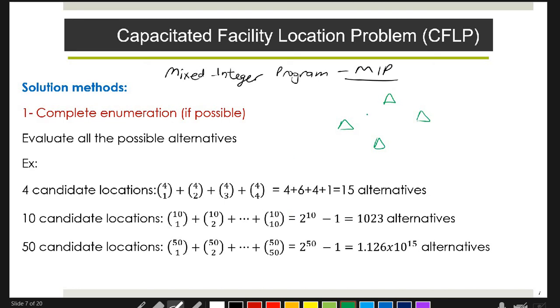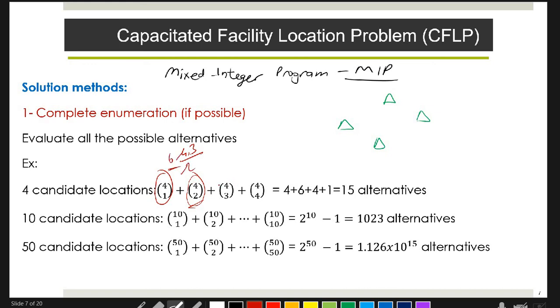And for our example, remember, what are the alternatives? We can select only one of the facilities, establish only one facility, and we have 4 choices to do this. Okay? This 1 out of 4 gives you the number of choices if you want to establish one facility. If you want to establish 2 facilities, then you need to select 2 out of 4, and you can do this in 4 times 3 divided by 2, that is 6 different ways.